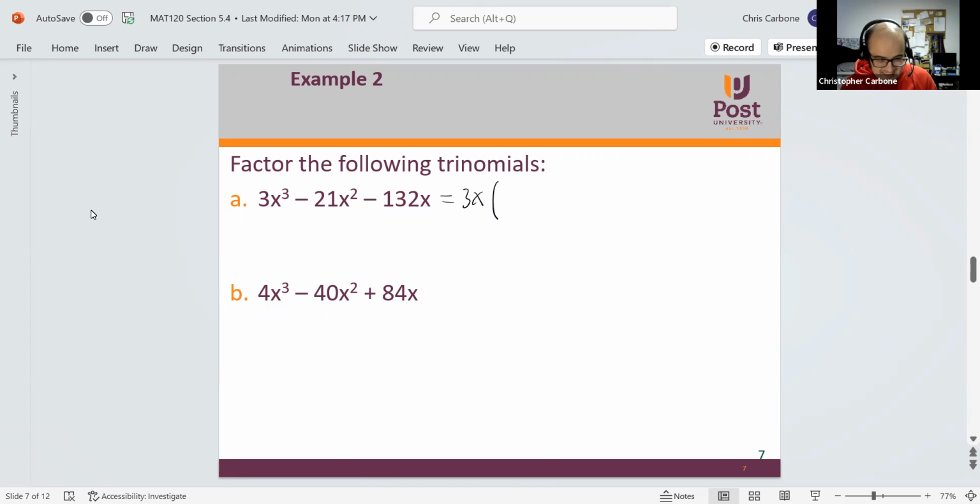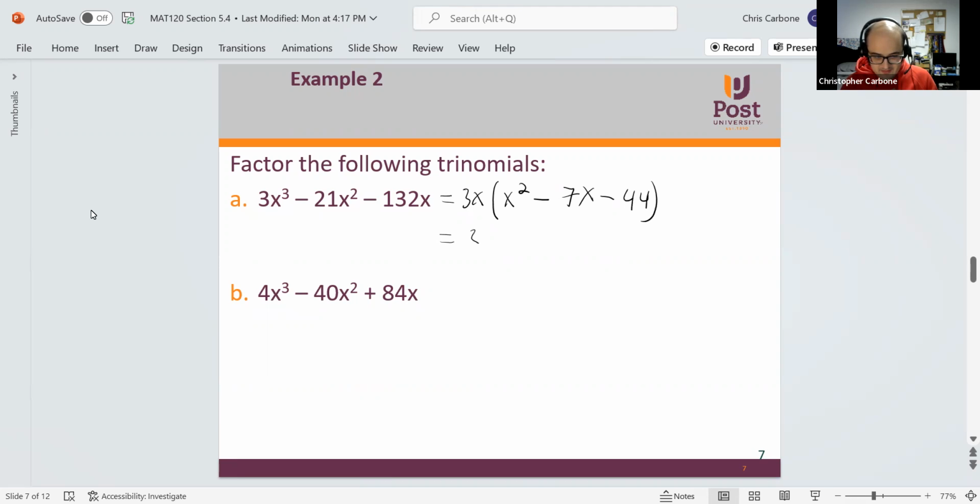So 3x times x squared makes 3x cubed, minus 3x times 7x makes 21x squared, minus 3x times 44 makes 132x, so minus 44.